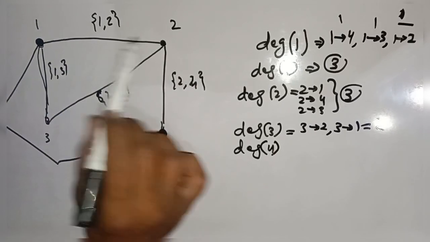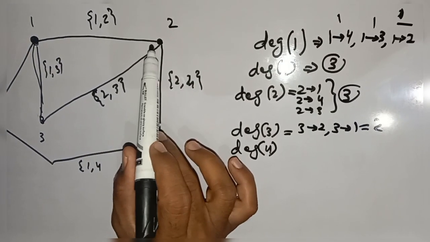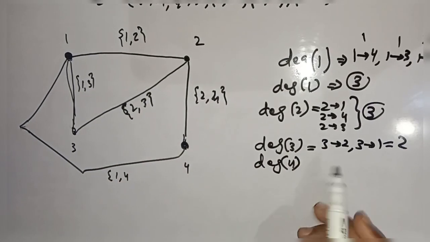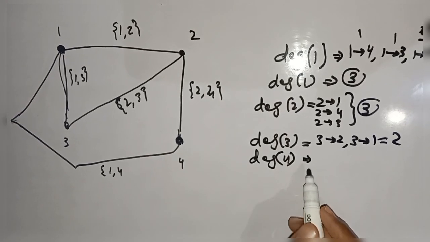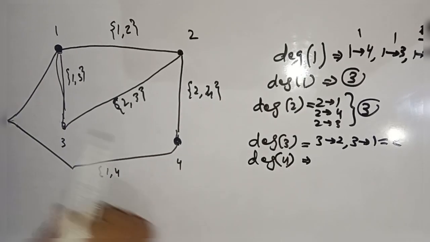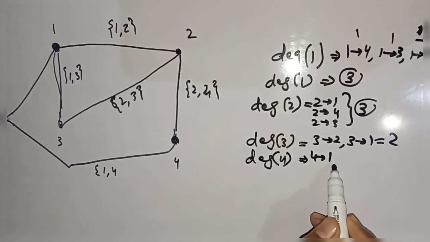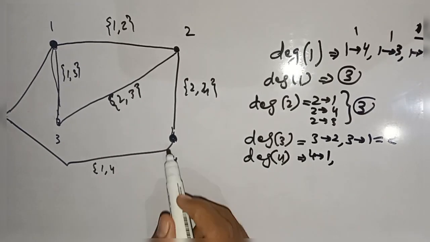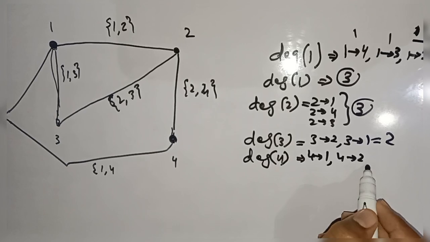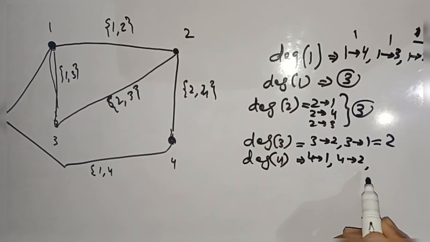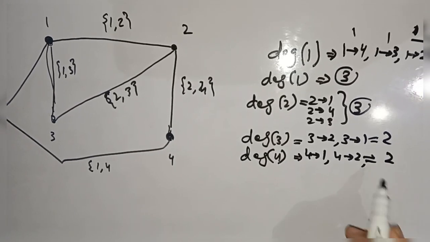Degree means how many nodes a node is connected to. Node 4 has connections with 1 and 2 only, so the total is 2 degrees.